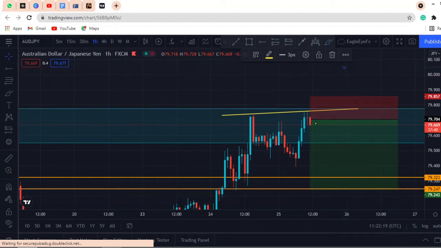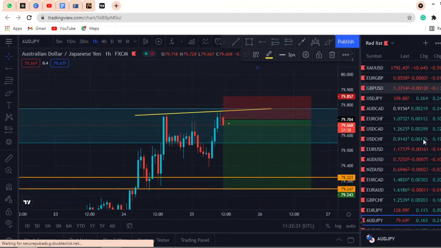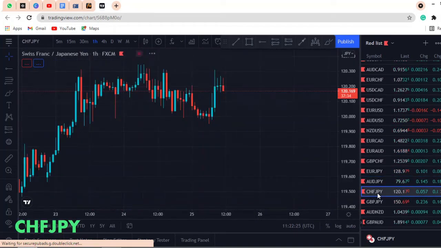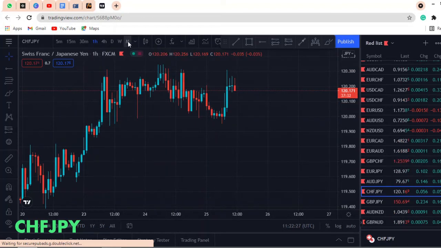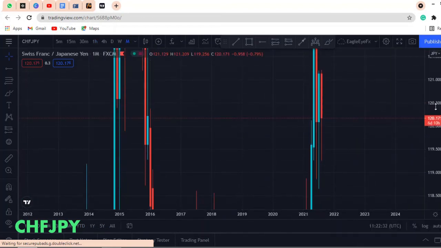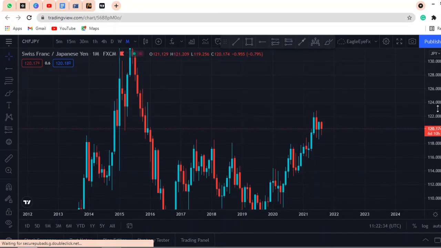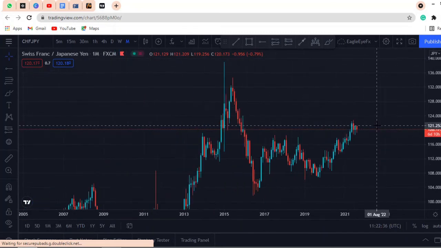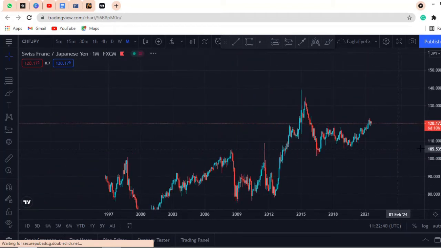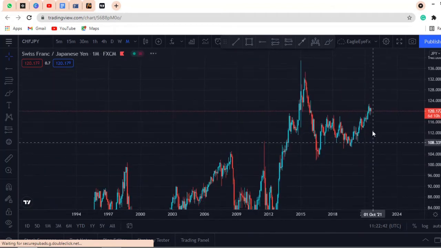All right, let's go to our next pair, which is CHFJPY. So CHFJPY, we start from the monthly time frame. As usual, we go to the monthly time frame to get the general move of the market. Okay, and from the monthly time frame, you can see that the market is bullish.